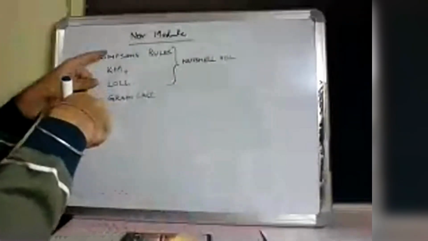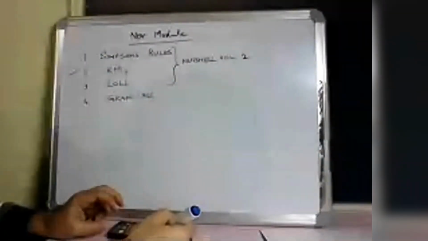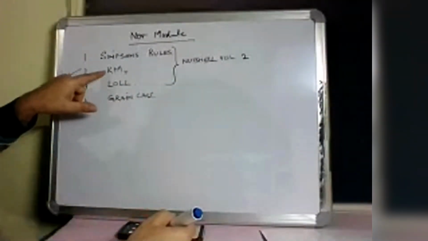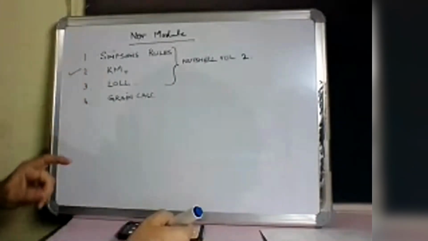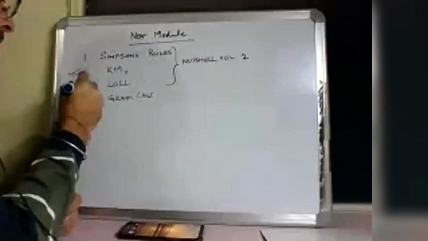So these 3 topics we'll be doing from Nutshell, Volume 2. So I'm starting off with KMT. After KMT, I'll be going on to angle of loll.